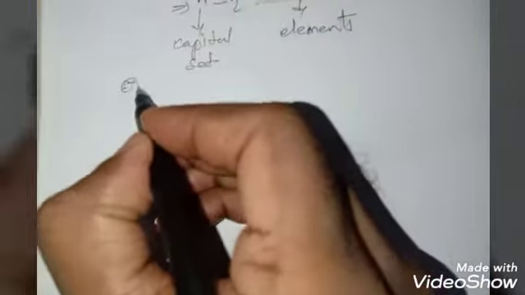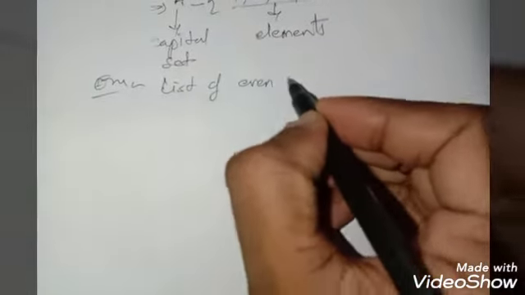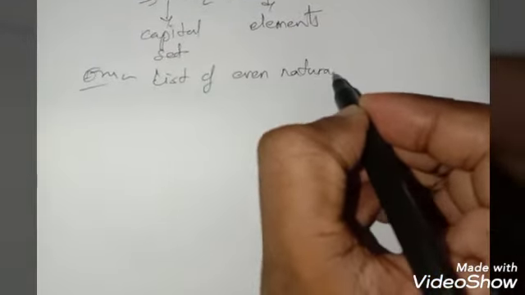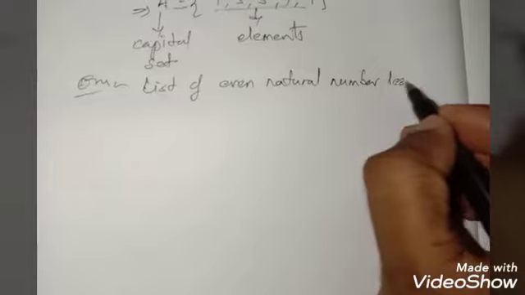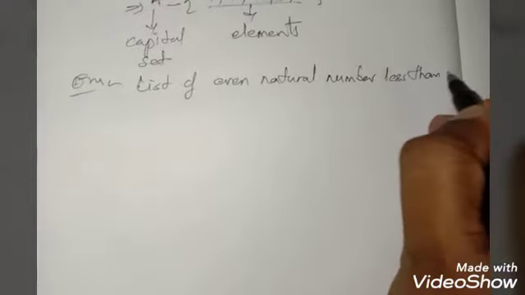Now if I take an example, list of even natural numbers less than 10. How can you represent this?